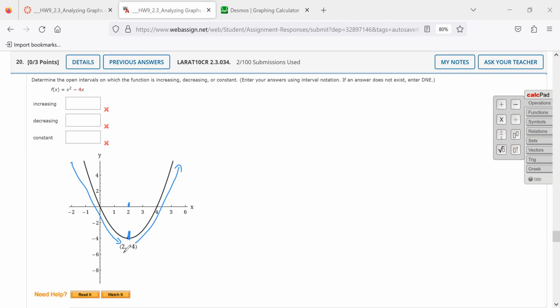We are decreasing all the way before 2 up until 2. Then right after 2, we begin to increase. You see how you answer these? It's always the x's. Even though we're looking at the whole thing as a whole, the y's and x's, the answer is only written with the x's. There's no constant location, no interval of constant.